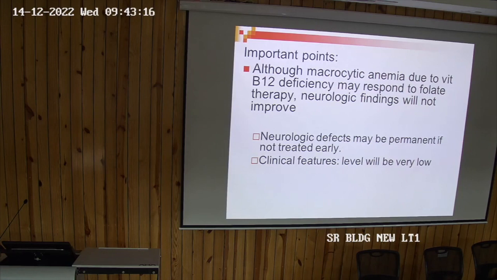So that damage has to be compensated only by the B12. So although the macrocytic anemia due to vitamin B12 deficiency may respond to folate therapy, you are giving folic acid supplement, that can be corrected, but neurological findings will not improve.